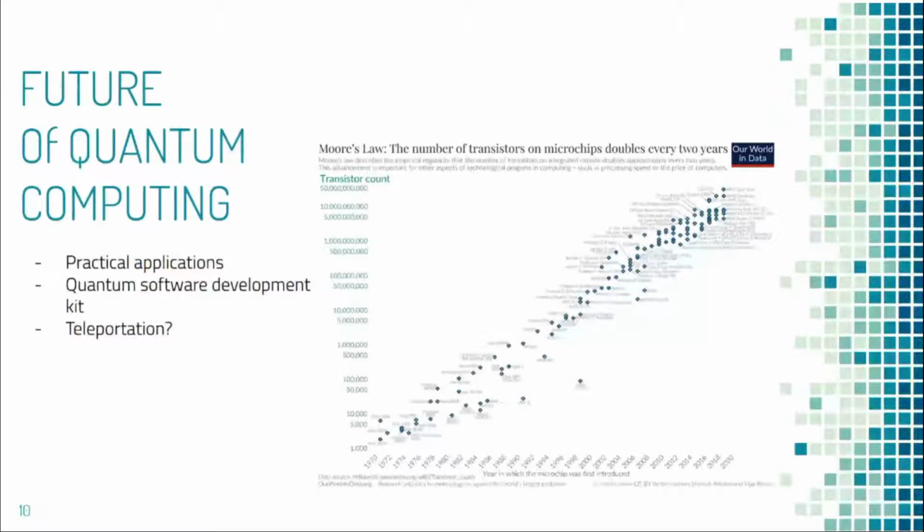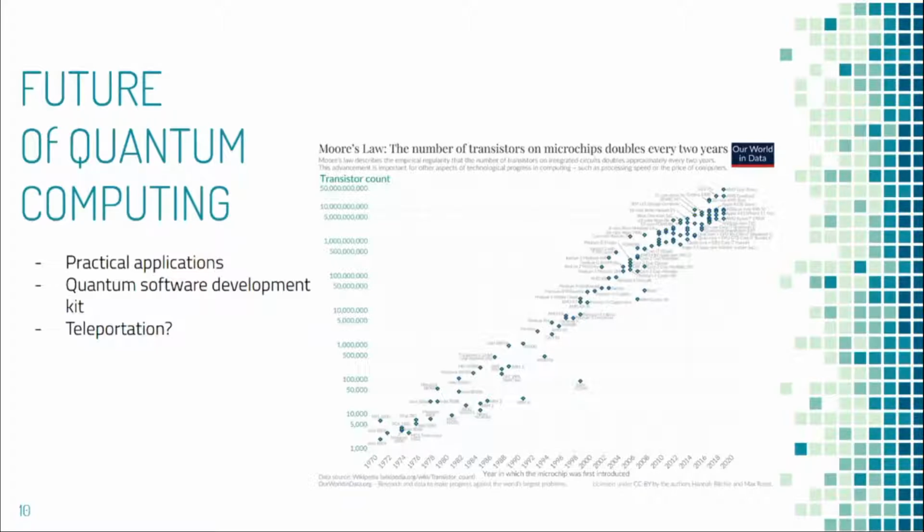For one point, it might not apply to quantum computing, as quantum computing already deals with subatomic particles. So you can't really get much smaller than that. However, quantum computers are also unprecedented in technology.